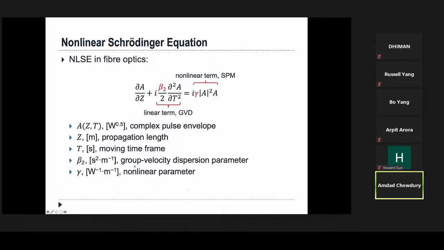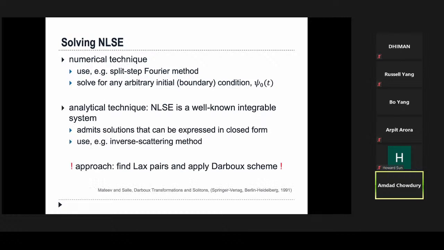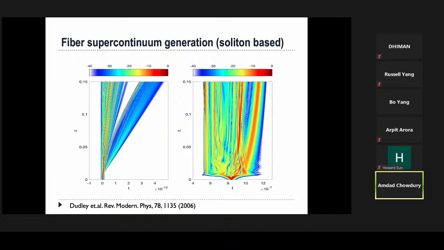So the final point is here. This is an equation to simulate a realistic optical fiber. We have a Raman effect, we have a self-steepening effect, and various other effects. And those effects combined grow into this kind of evolution and this kind of optical spectrum.